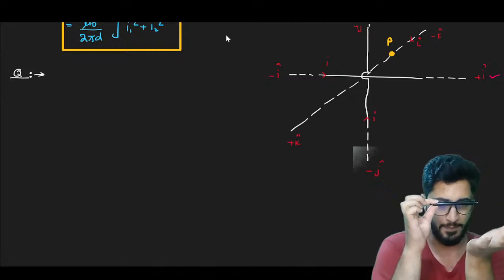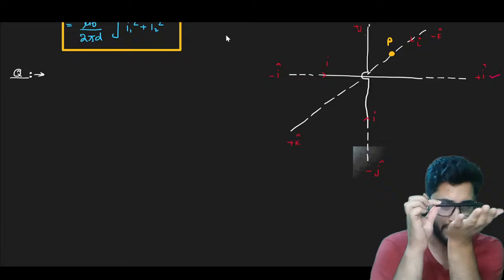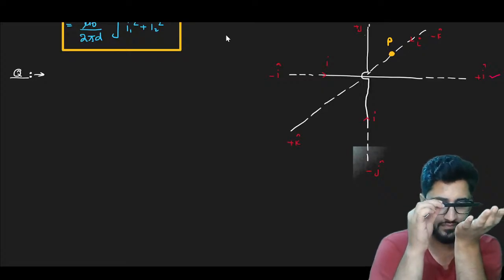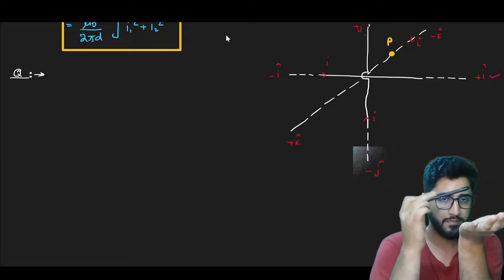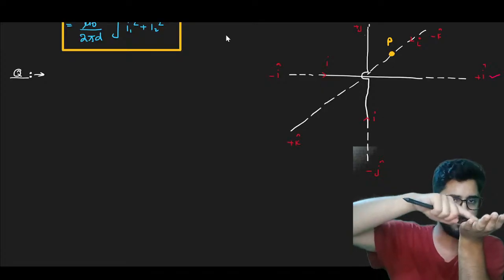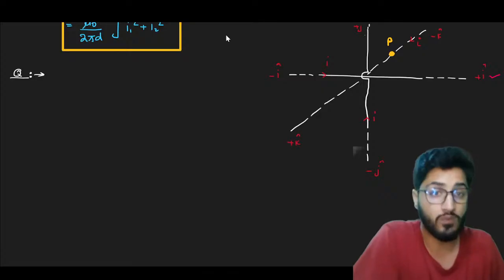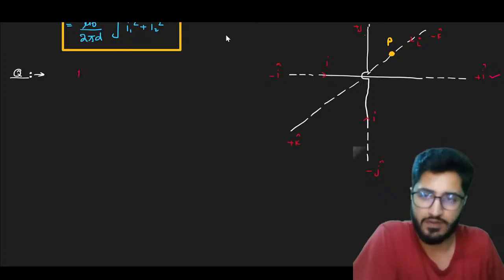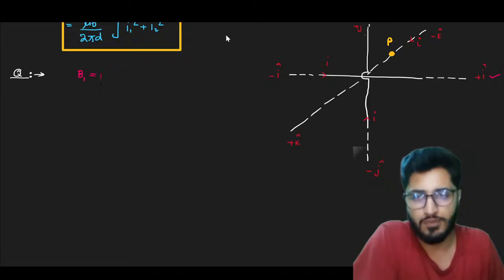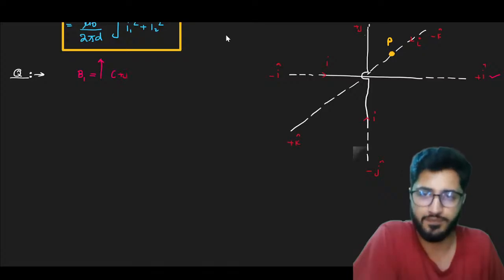Place your thumb in the direction of current. Then you will find the direction of my palm is upwards. Now, if we talk about B1, by doing this my B1 comes out to be in this way, that particular direction, meaning plus J cap.